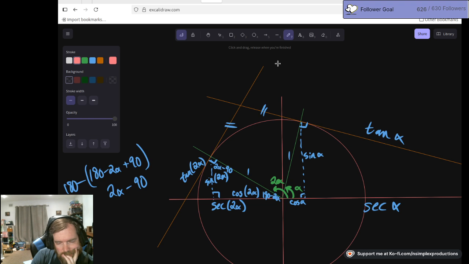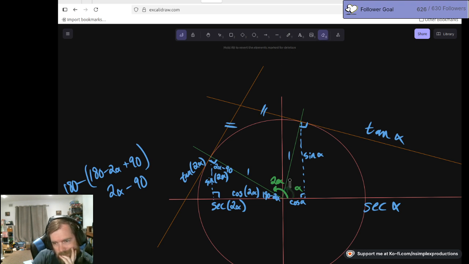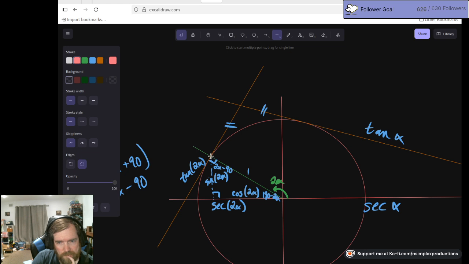Right, so if we go with 2 alpha here, you're saying draw in, right, it is isosceles because radii.